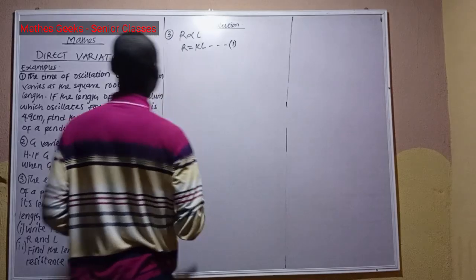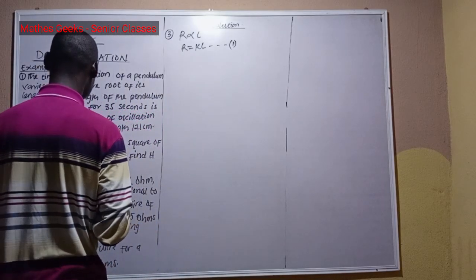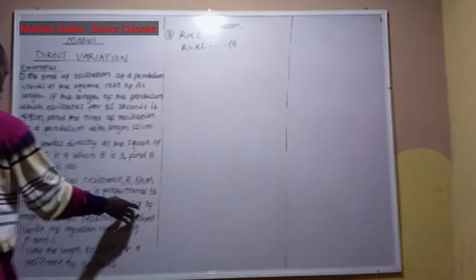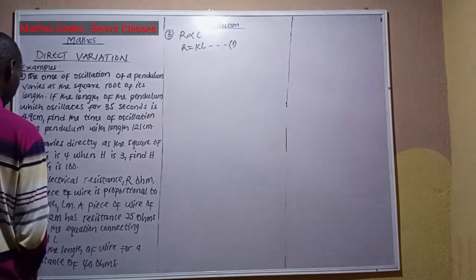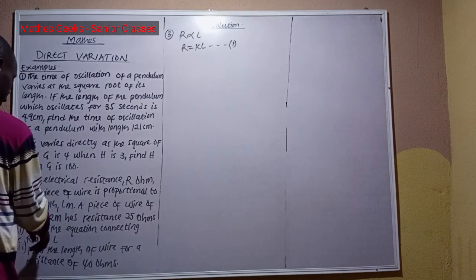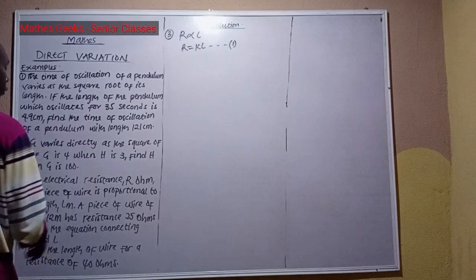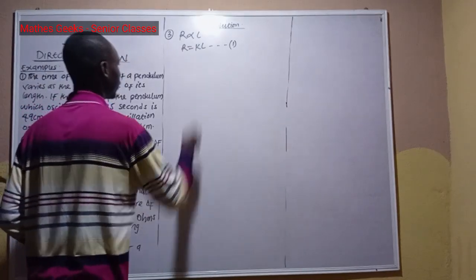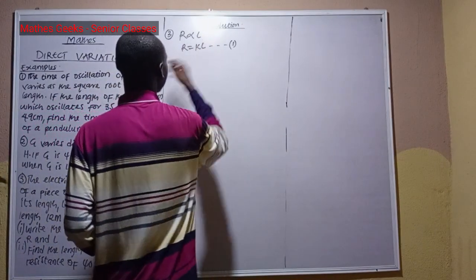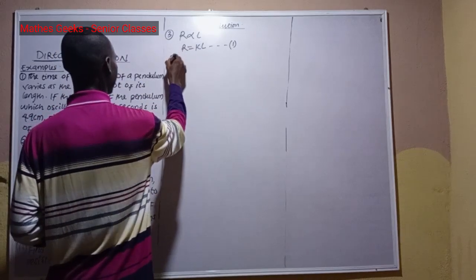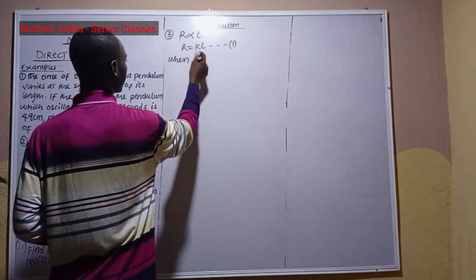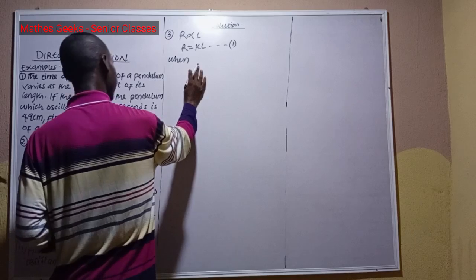Question 1. A piece of wire of length 12 meters has resistance 25 ohms. Part a: write the equation connecting R and L. To get the equation connecting R and L, this is the equation, but we need to know the value of k.